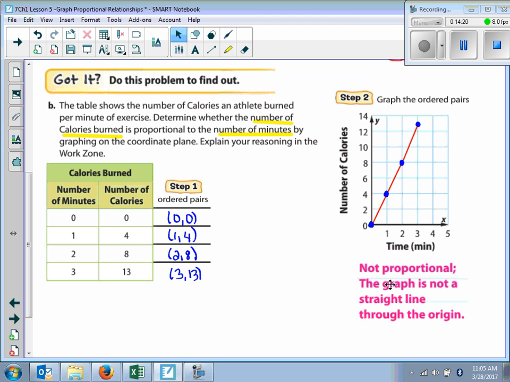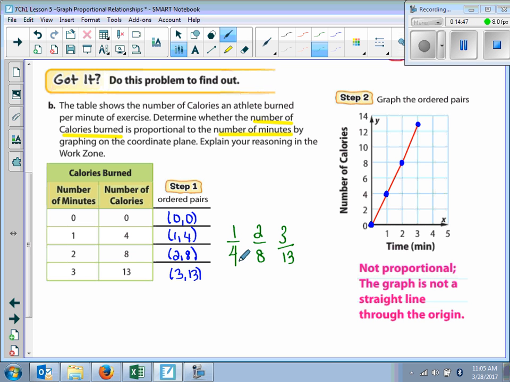Okay? The other way that you can check this is if you look at the ratios. Remember I told you? Look at the ratios. Here this is 1 to 4. This one is 2 to 8. This one is 3 to 13.